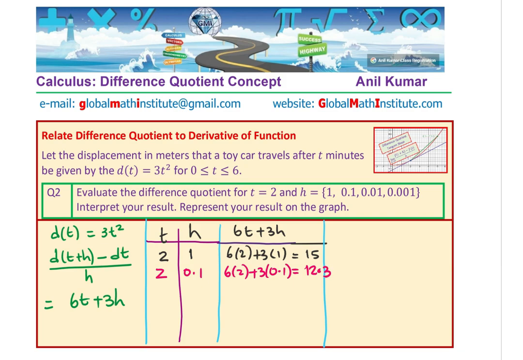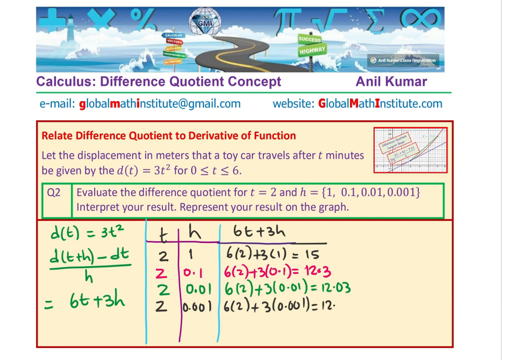And if I take a value of h which is even smaller, 0.01, I get 6 times 2 plus 3 times 0.01, and that gives me 12.03, right? And if I take 0.001, I get 6 times 2 plus 3 times 0.001. That gives me 12.003.